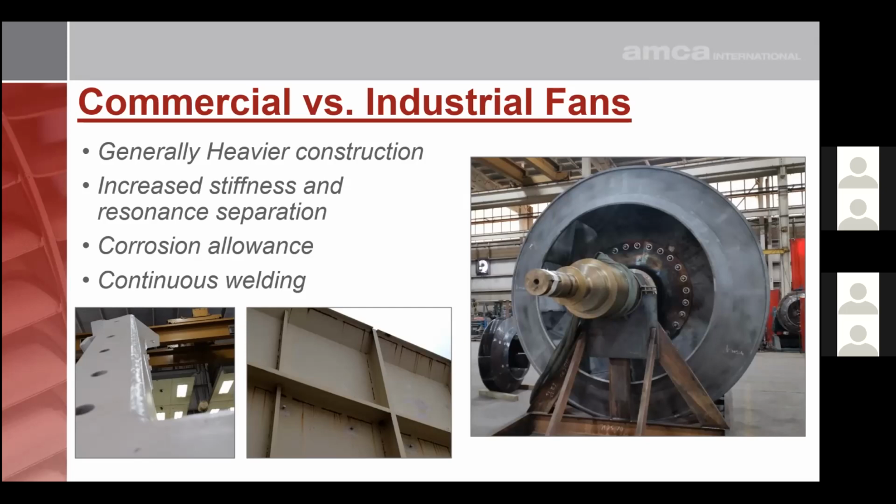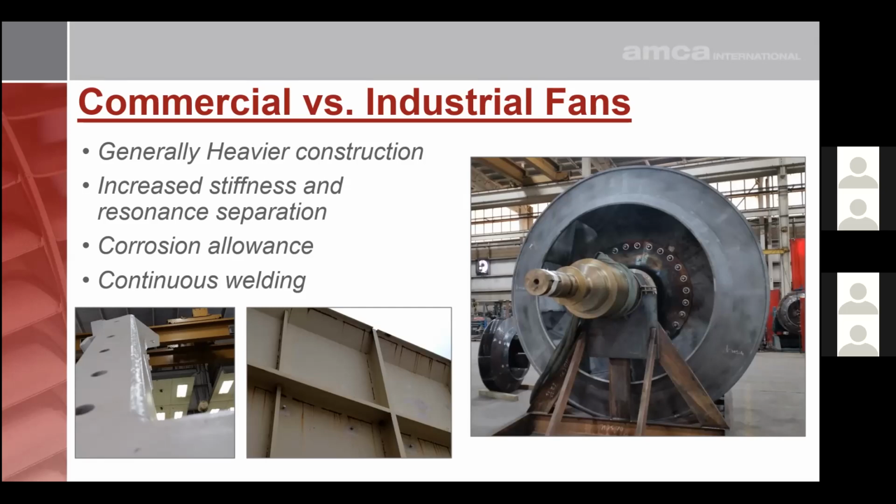Critical speed is the term we use for the natural frequency of the fan shaft. Thicker plate also allows for some corrosion allowance before any structural integrity is lost. Sometimes duplex nickel alloys are used on industrial fans for increased corrosion resistance, more so than just a stainless steel, for example.